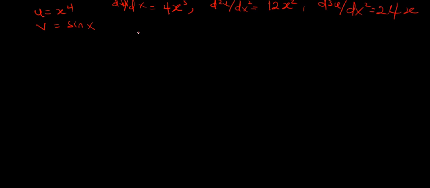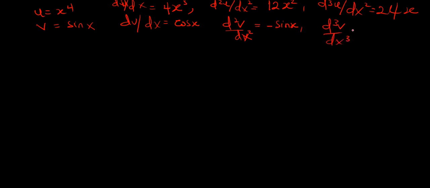Okay, so we have our v too here. Our dv over dx, when you differentiate sine x, we get cos x. The d²v over dx² is going to be, when you differentiate cos, we get negative sine x. The d³v over dx³ is going to be, we have our negative here, so when you differentiate sine, you're going to get negative cos x.